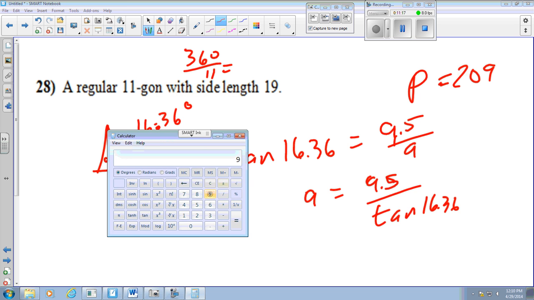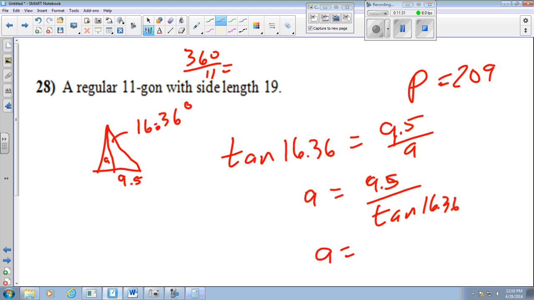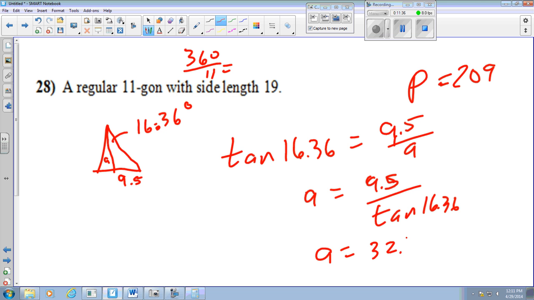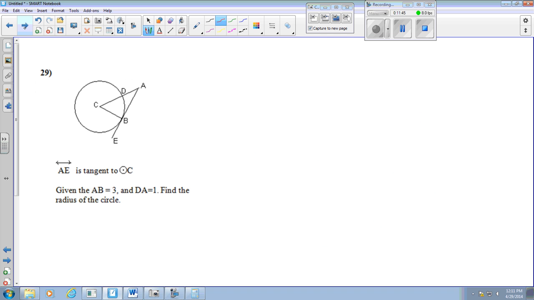I get 9.5 divided by 16.36 tan equals. So my apothem must be 32.36. So here's my apothem, here's my perimeter. 1/2 the apothem times perimeter will give you your answer.